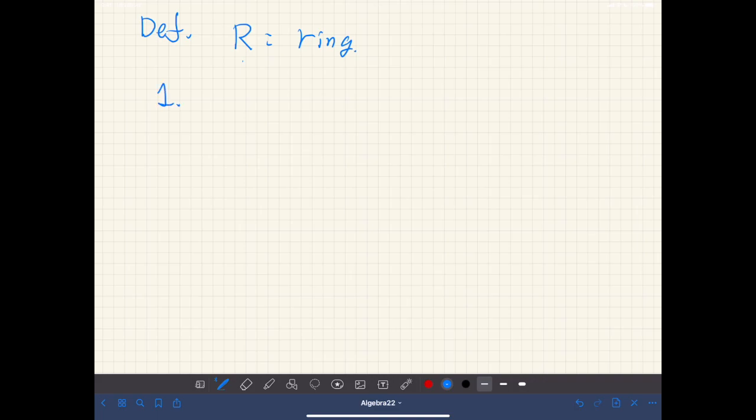Then first, an element 1. So this 1 is not necessarily the number, this is just a symbol. Any element that satisfies the following property: 1 times a equals a times 1 equals a for all elements a of R.